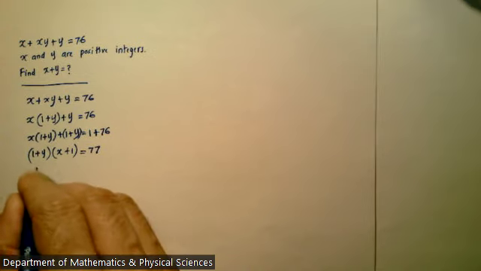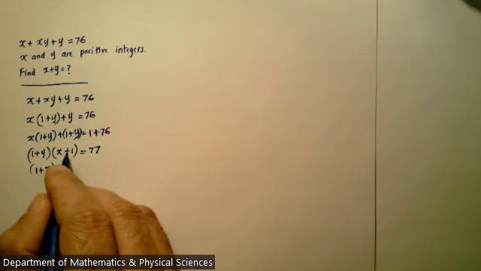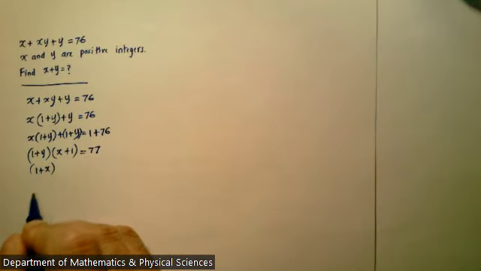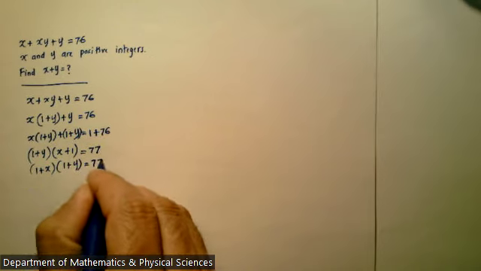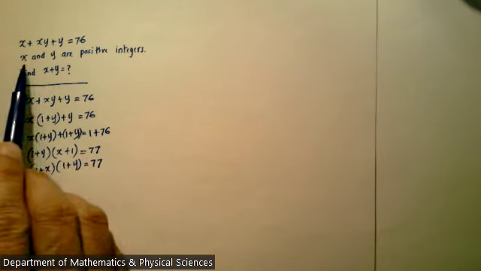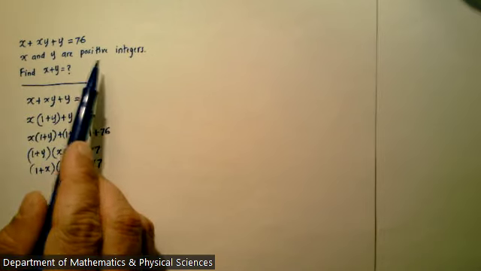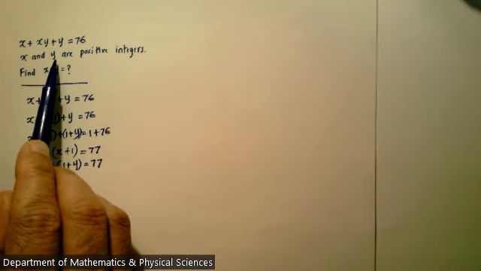Let me write this like this: 1 plus x, this term first, x plus 1 is same as 1 plus x, and then the other term 1 plus y is equal to 77. And because it is given x and y are positive integers, then x should be greater than or equal to 1 and y should be greater than or equal to 1.